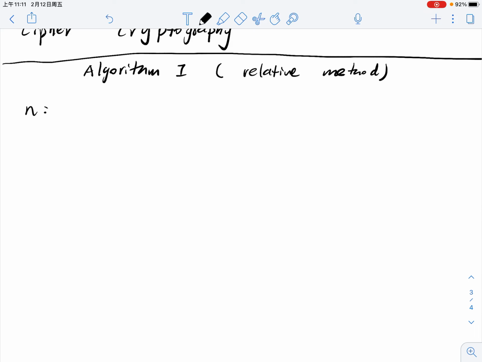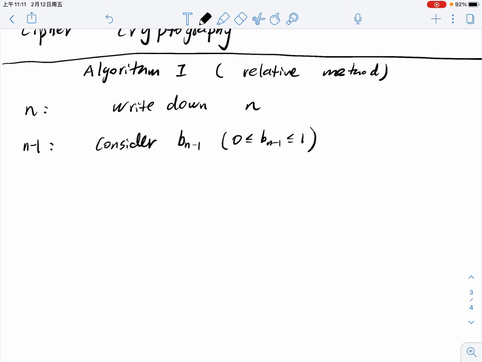Okay, so for step n, you write down n. For step n-1, we consider the item Bn-1 in the B sequence. Notice that by the assumption, Bn-1 has two choices, 0 or 1.